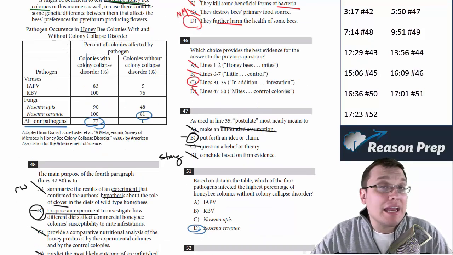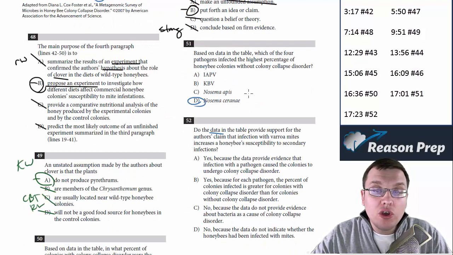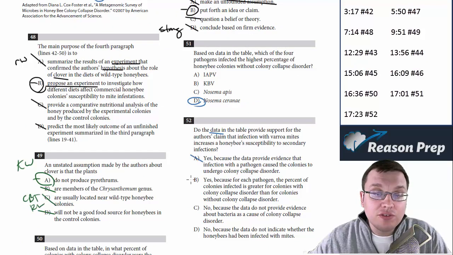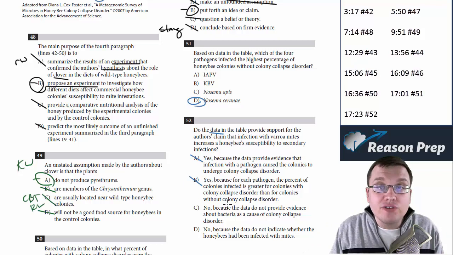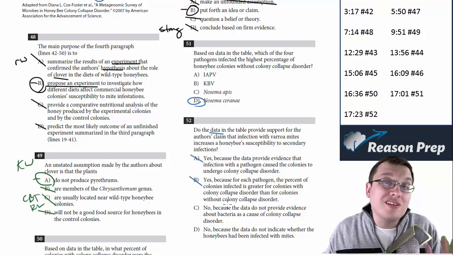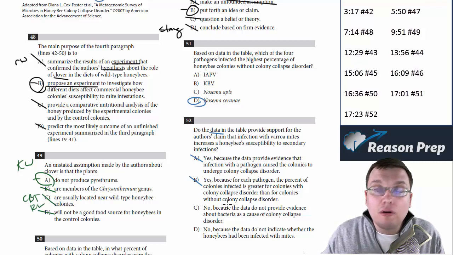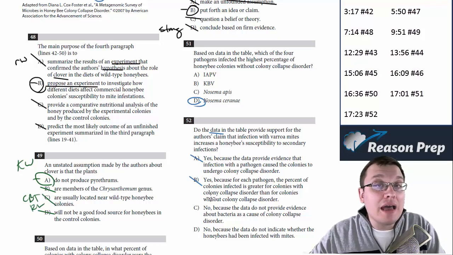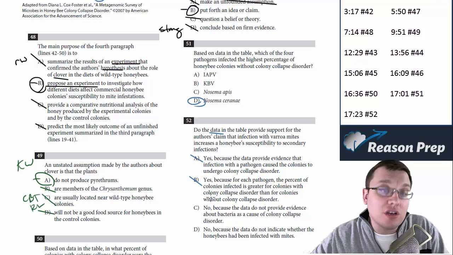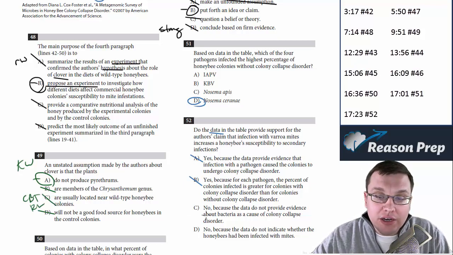Nothing in the table says anything about the Varroa mites. So we're not going to say yes, because this table, remember, limits of knowledge. We talked about this just previously about figures and graphs. Nothing in the chart says anything about the Varroa mites. So we cannot draw any conclusions based on the chart, even if the passage discusses it, if the chart doesn't support it. So we're going to say no.